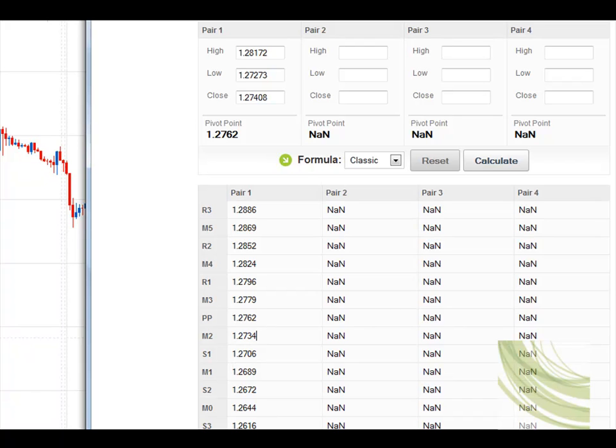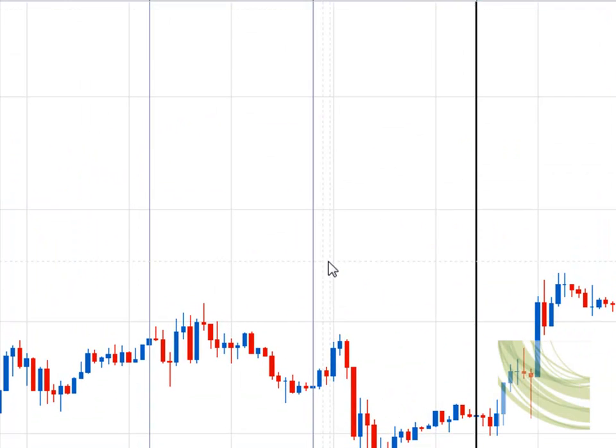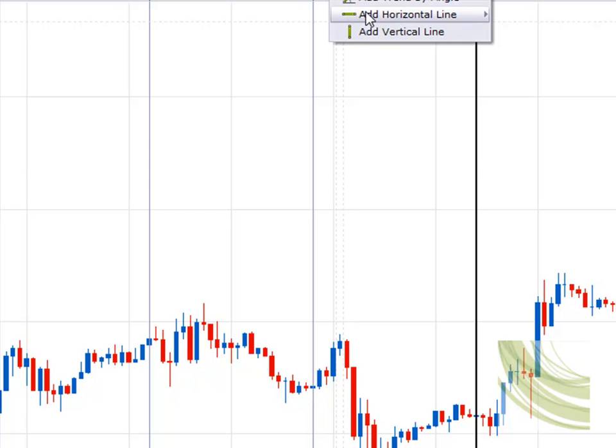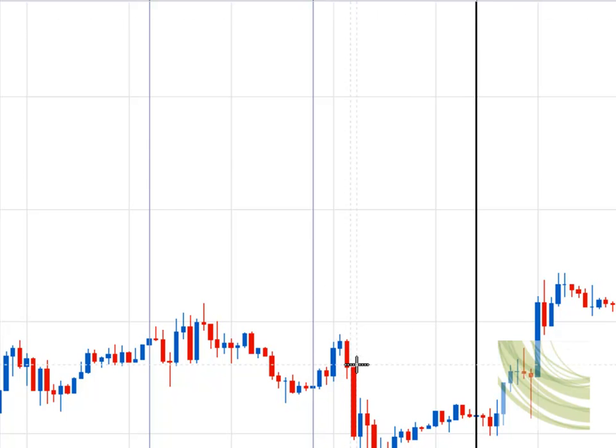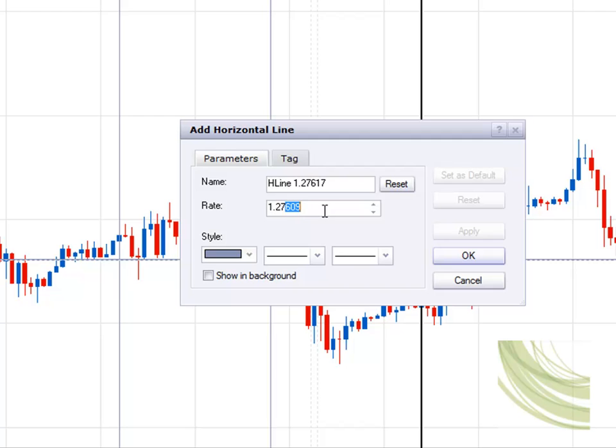And with these values, we will now plot the pivot points ourselves. So let me show you how it works. You just have to plot the horizontal line. Our pivot is 1.2762.